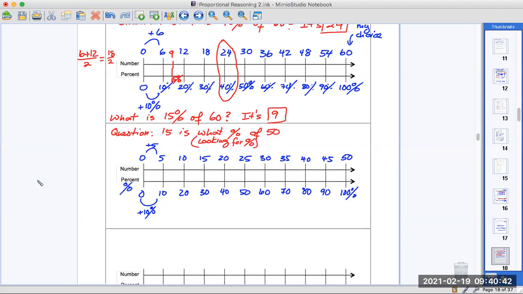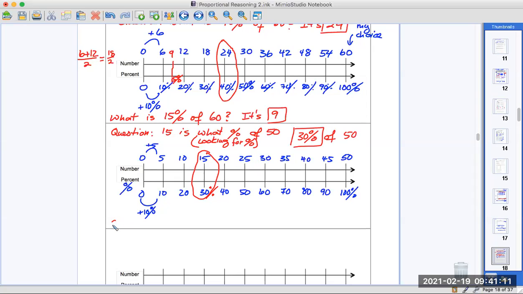So to make sure you understand the question, 15 is what percent of 50? Answer, 30%. So 15 is 30% of 50. Okay.